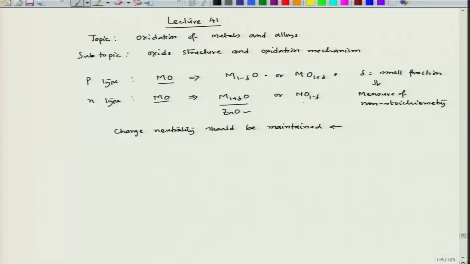So, now we will first try to understand the n type case, two cases, and one example for this could be zirconium oxide or niobium oxide. Those are oxygen deficient oxides and also n type. So, let us see how the oxidation process happens in case of oxides with metal deficient with diffusion of interstitial cation. Now, we can have two situations, one is this, another one is this.